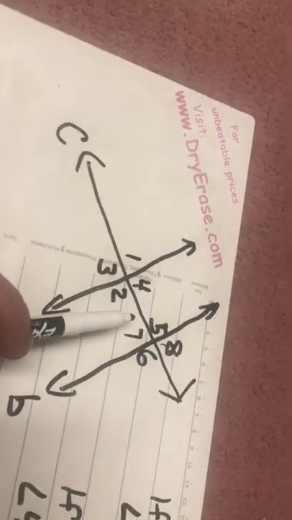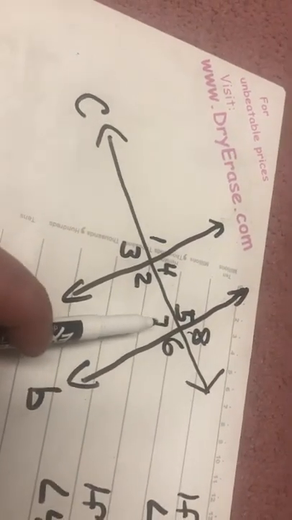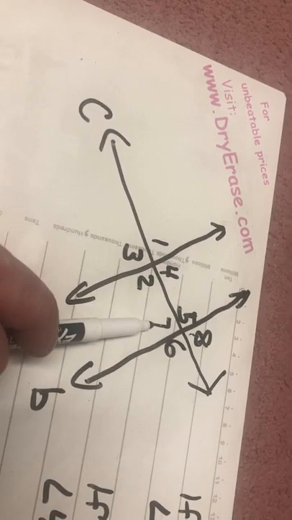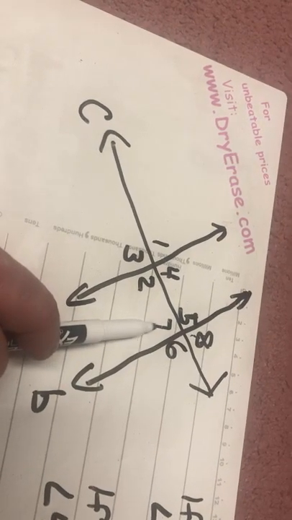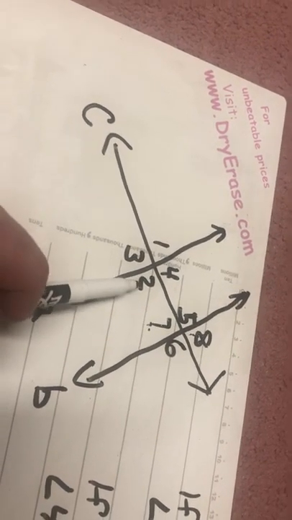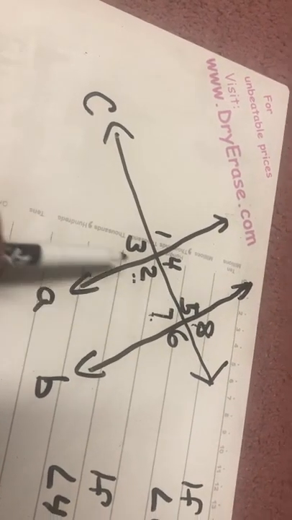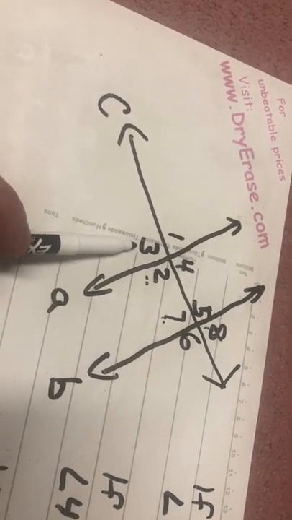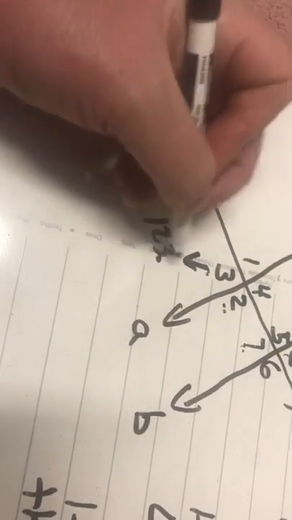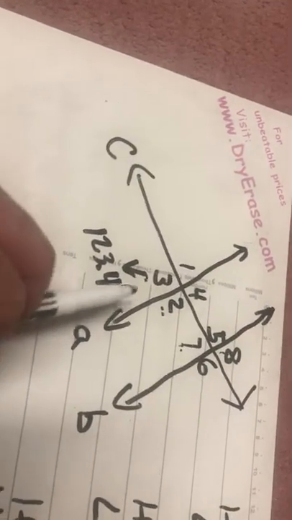Well, if angle 7 is 123.4 degrees, okay, then I think, well, angle 2 is right here. They're not corresponding. 7 is kind of at the bottom here, and the corresponding one would be angle 3. Angle 3, then, must also be 123.4 degrees, because they are in corresponding spots.